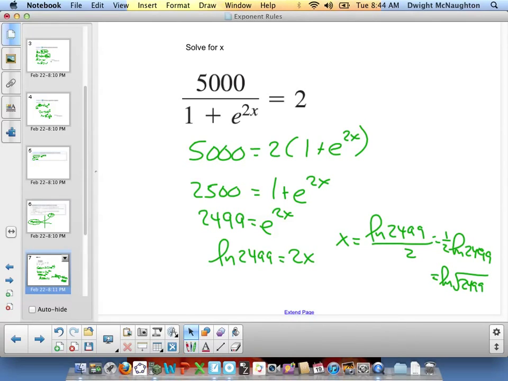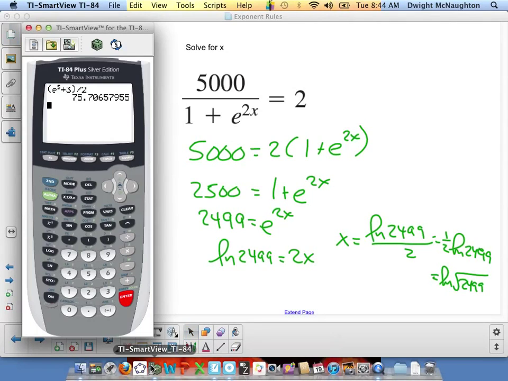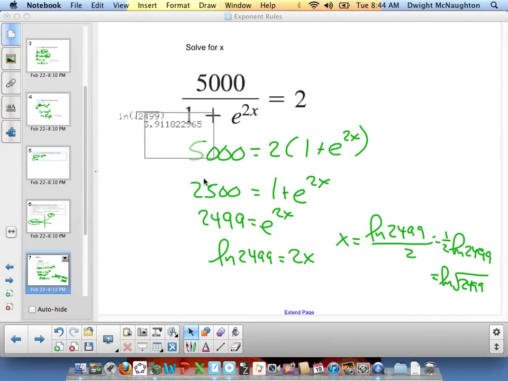If this is a multiple choice test, those are a couple ways you may see the answer. Or if it's a calculator-based multiple choice test, natural log of the square root of 24.99 is 3.9118.